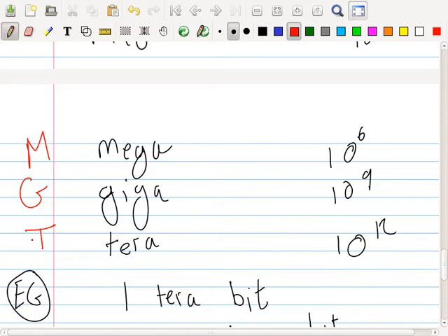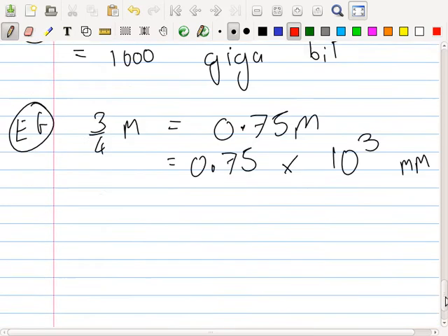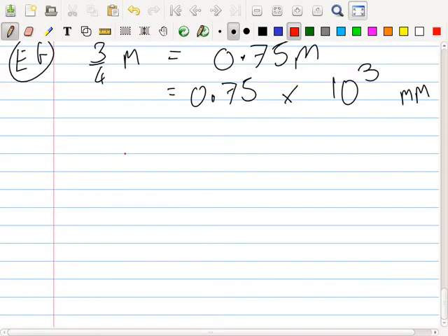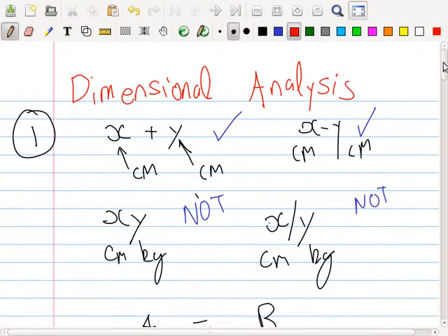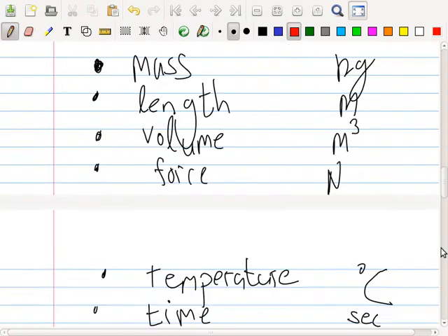Okay, let's see. I don't think there's too much more now to do. Just some vocabulary, just to make it clear, because I didn't make it too clear just yet. Units are things like meter, kilogram, centimeter, whatever. Dimension, that's the name of this lesson, dimensional analysis.